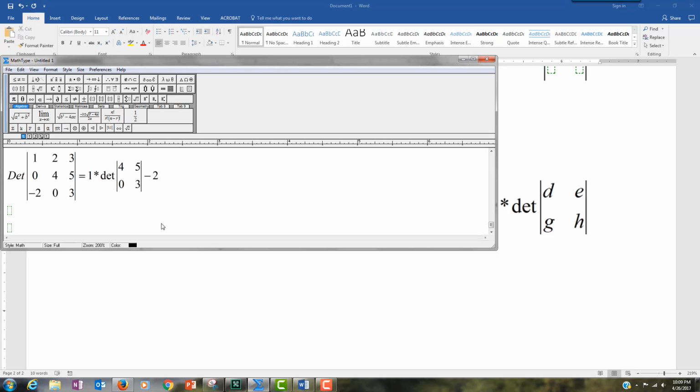Then minus 2 times the determinant of, what are the numbers associated with 2? That'd be 0, -2, 5, and 3. Plus 3 times the determinant, and this time the 3 has 0, 4, negative 2, and 0 connected with it.